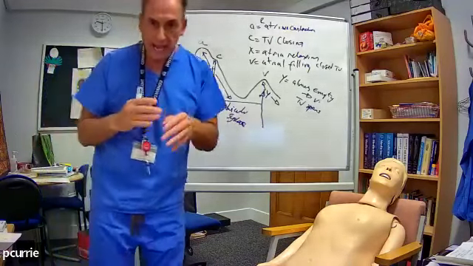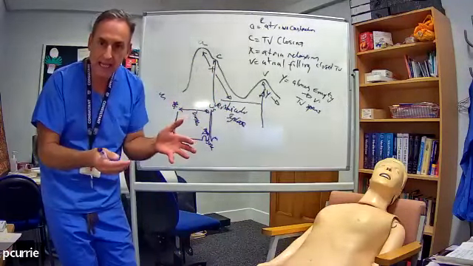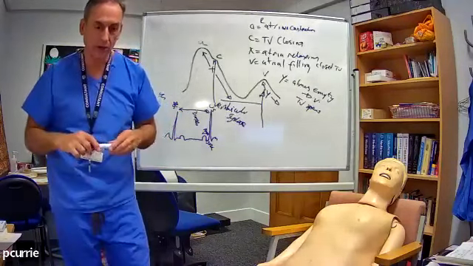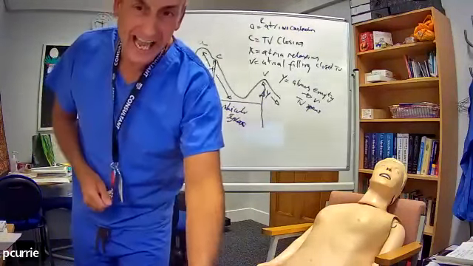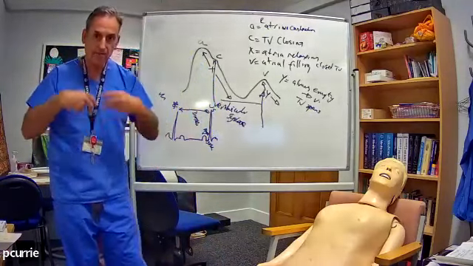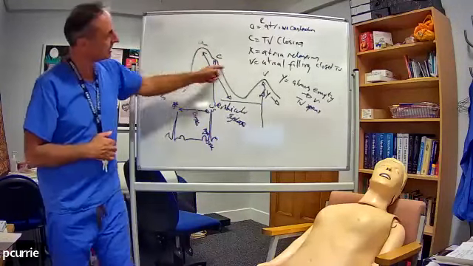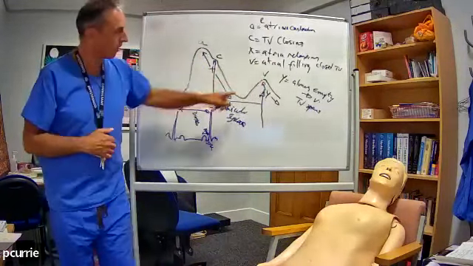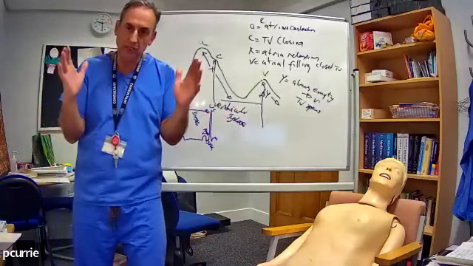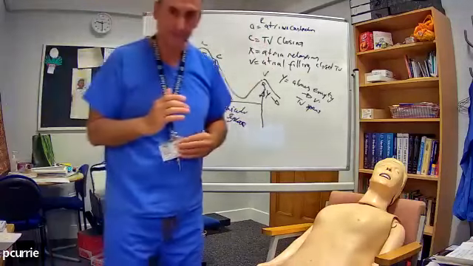And I will build on this if you want me to come back and talk about how you can use the jugular venous pulse to diagnose certain cardiac problems. But for the moment and for the basics, try and get into your head what A, C, and V mean, and that will follow about what X and Y are. Once you've got that, we can build on that to look at what the JVP does in pathology.